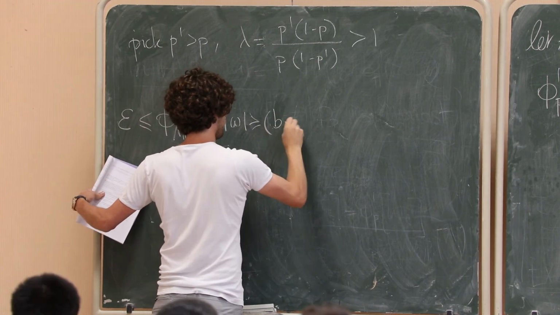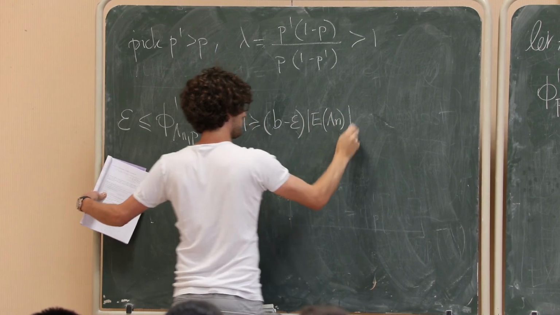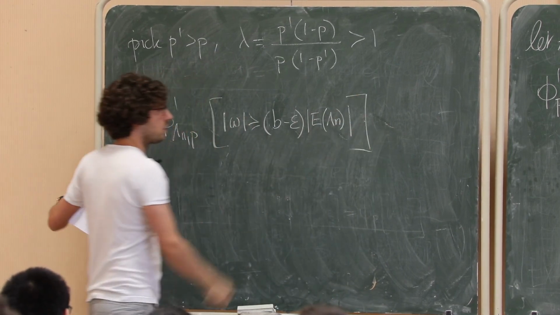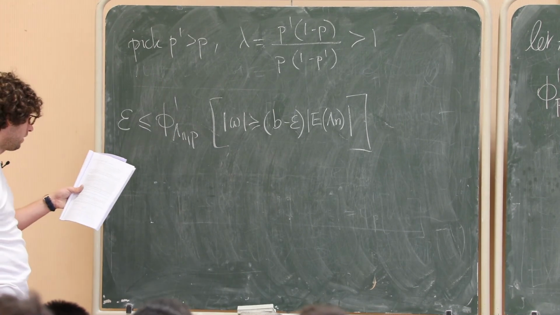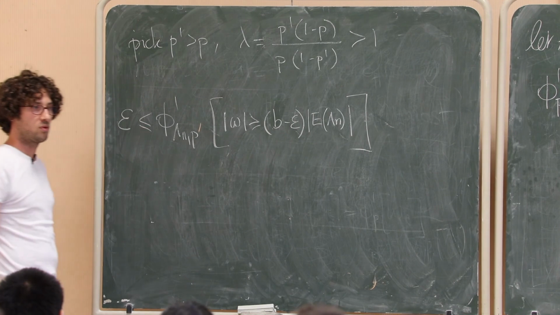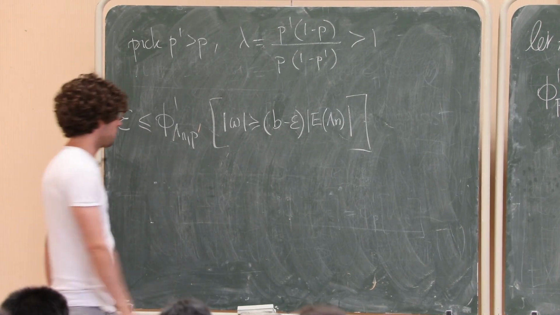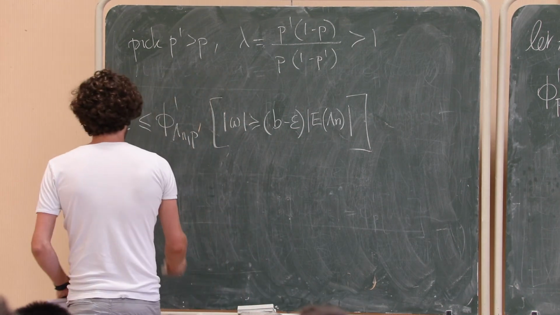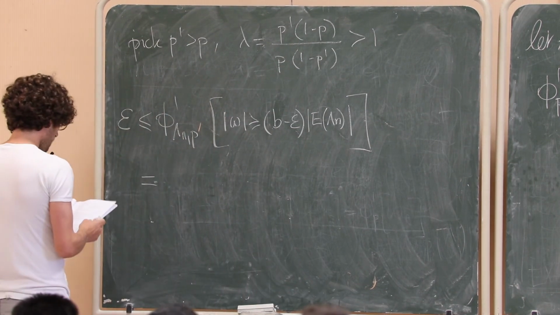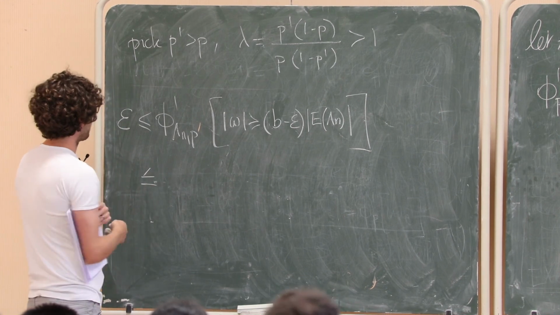This was B minus epsilon E of lambda n. Right? That's what I proved there. But therefore, this is a fortiori true if I put a p prime here, simply because p prime is larger than p. Okay. But now here, notice the following.